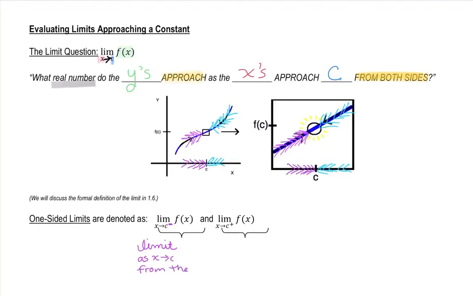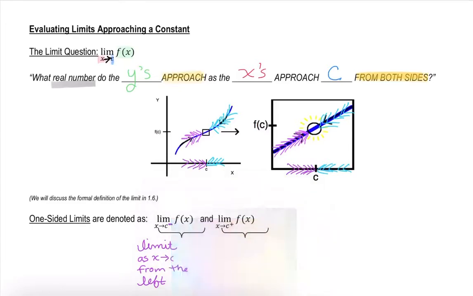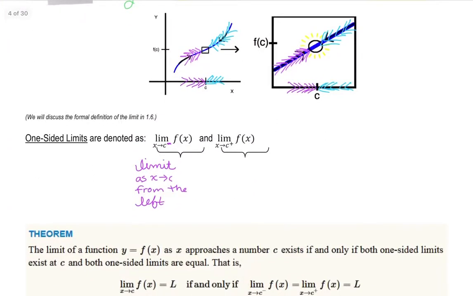So this is saying from the left. And when you see that little plus sign, that is saying this is our limit as x approaches C, but we're looking at it just coming from the right. All right, so that's our notation for one-sided limits.